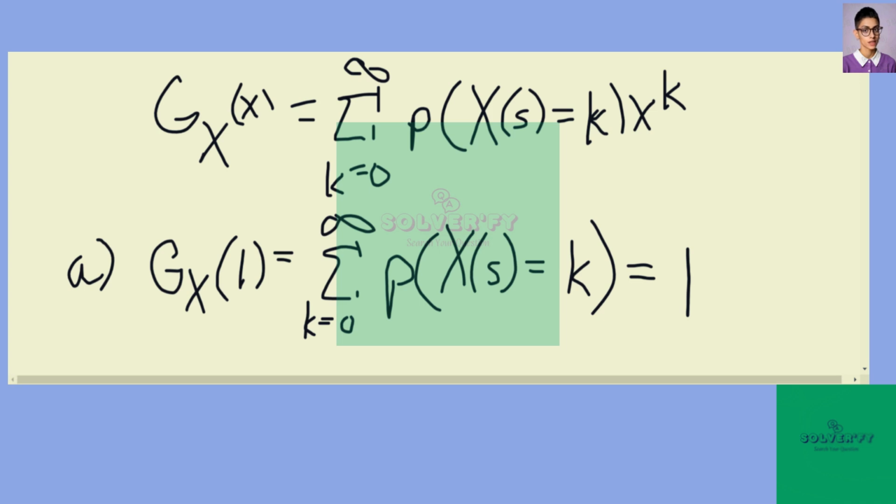And in part B, we are asked to prove that the expected value of X is the derivative of G_X at 1.